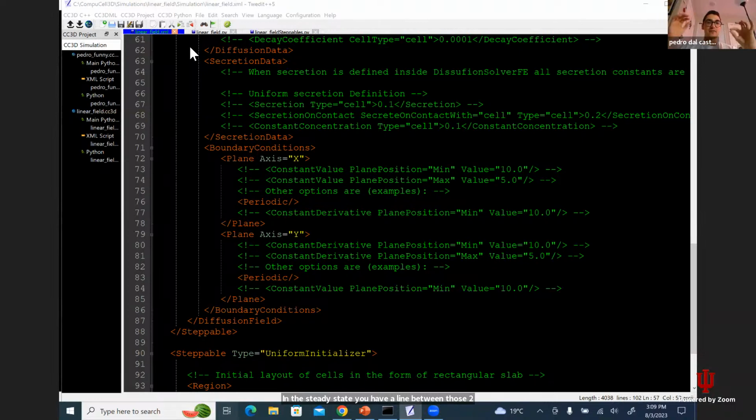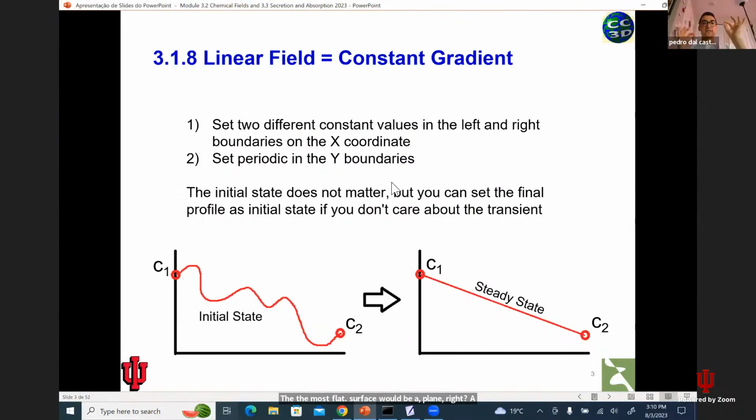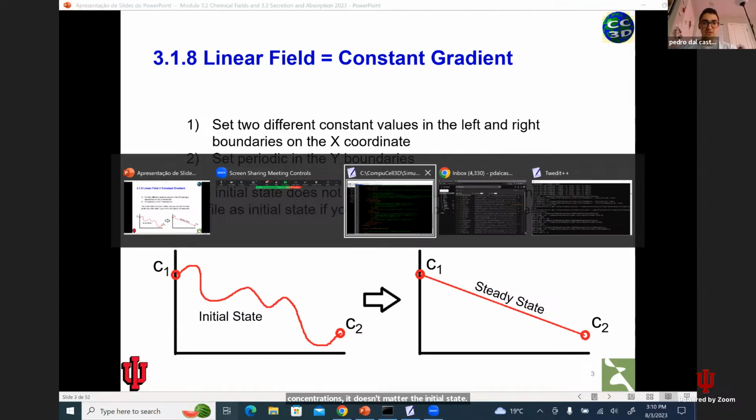If you have one value here and another one here, the flattest surface would be a straight line between the two points. So getting back to the slides, if you set two different concentrations, it doesn't matter what the initial state is. In the steady state, you get a line.